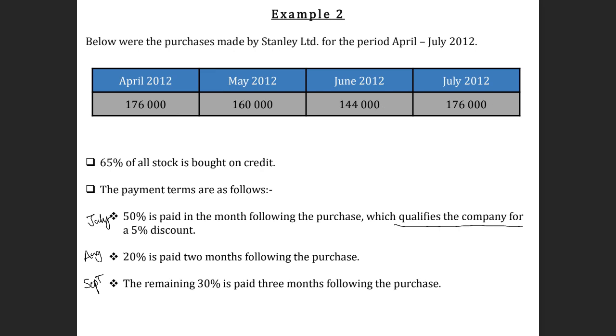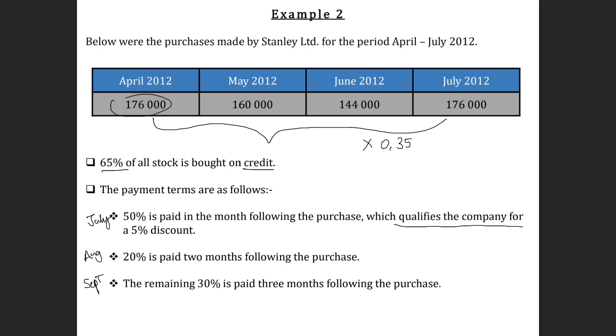cash purchase. Remember, we said that 65% is on credit, which means that the remaining 35% would be in cash. So now you're going to take all of these figures and you'll multiply them by 35%. And this will be the amount that is in cash, the cash purchase for that particular period.